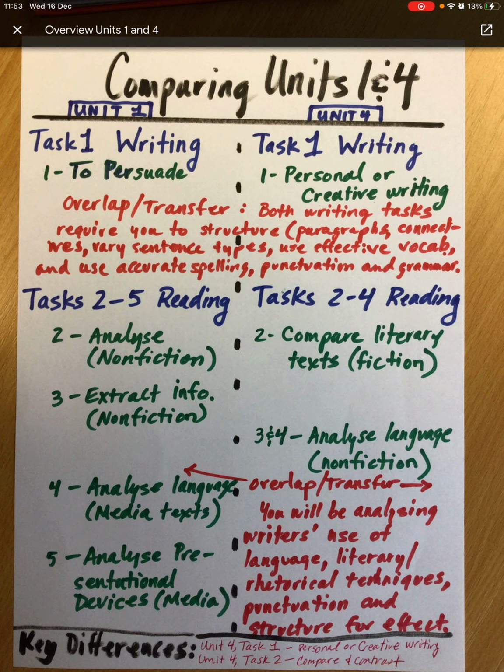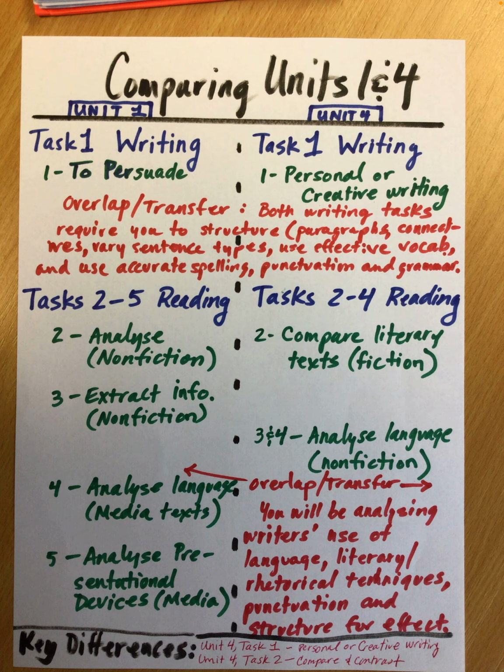And if you look over at tasks 3 and 4 on the Unit 4 side, okay, you are analyzing language again, and it's nonfiction text. So it's going to be very, very similar to what you do there.